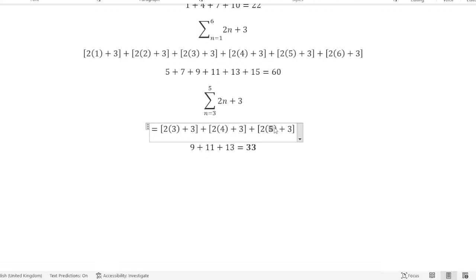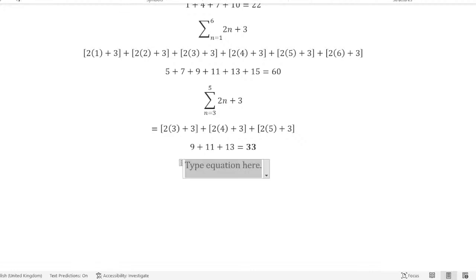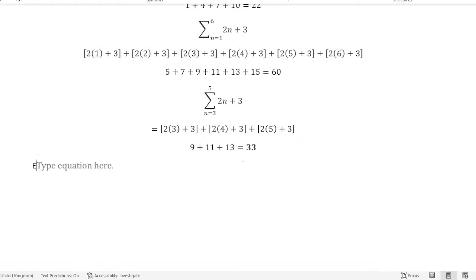So now let's do this example. I'm gonna give you a task. Express the following series in sigma notation.